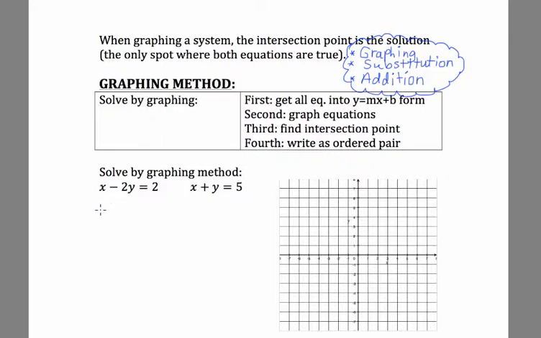So the first example, x minus 2y equals 2. This right now is in general form. We need to get it into slope-intercept form so we can graph more easily. I will use my algebra to get y by itself, just like we did last chapter.